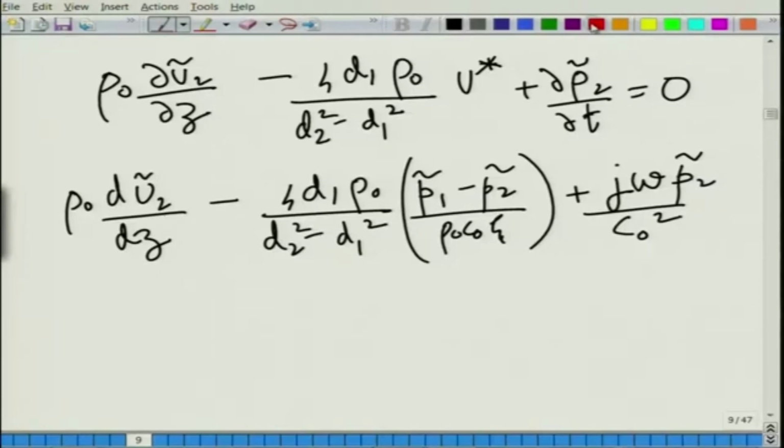So, let us do some simplification and multiply the entire thing by C naught.